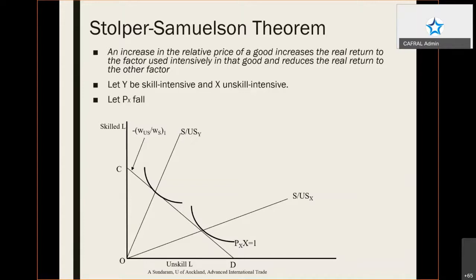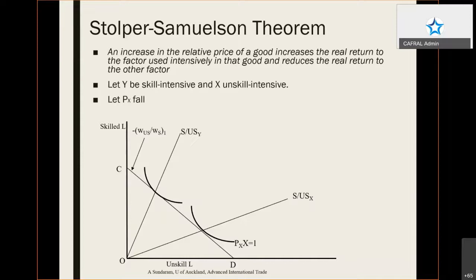So what the Heckscher-Ohlin theorem tells us then is that developing countries will specialize in the production of unskilled labor intensive products like textiles, footwear, electronic parts, and so on. And advanced countries are going to specialize in the production of skilled labor intensive products, things like aircraft, pharmaceuticals, computers, and so on.